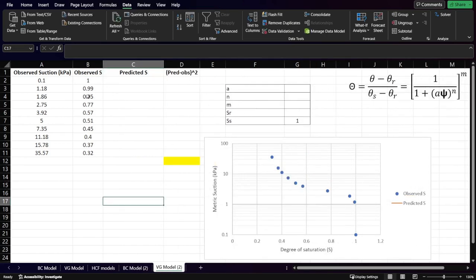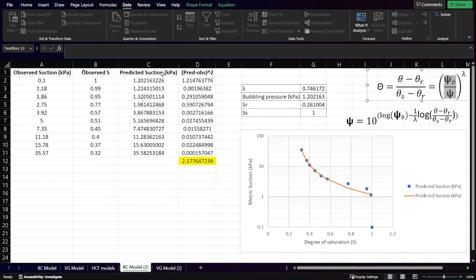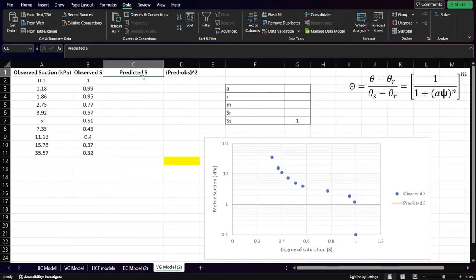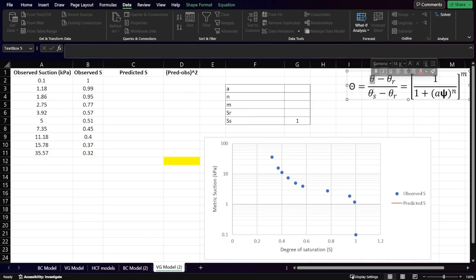That's why I have done one problem for prediction of the suction and another for the prediction of S. To predict the value of S, or the degree of saturation, we can use this expression, and in place of the volumetric moisture content we can use the degree of saturation also, as they are linearly correlated.